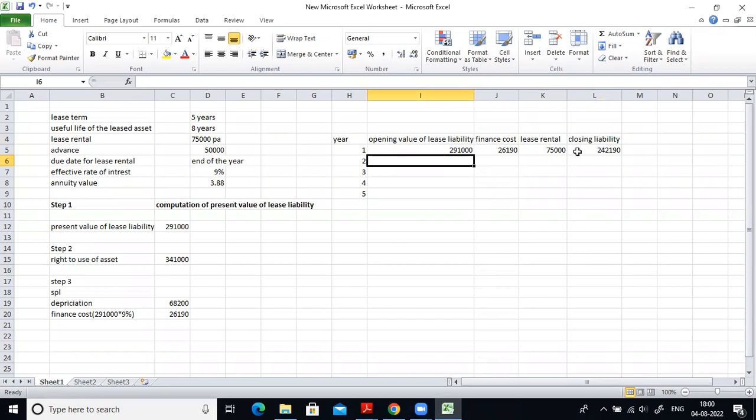So the first year closing liability will be the opening liability for the next year. Then again on this we need to charge the finance cost, that is 2,42,190 into the finance cost of 9%. Then the lease rentals, that is 75,000. Then our closing liability for the second year.